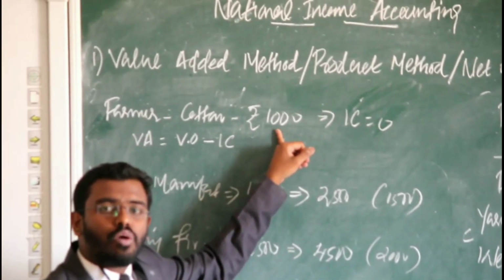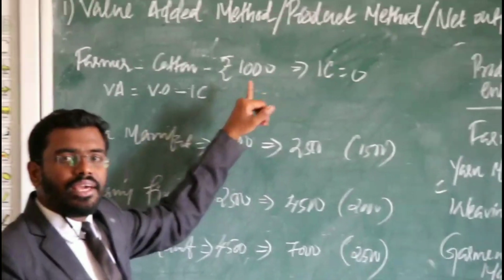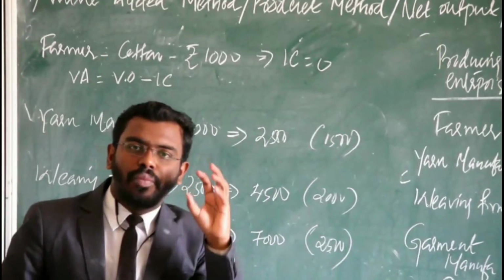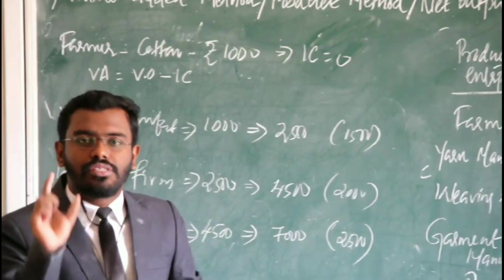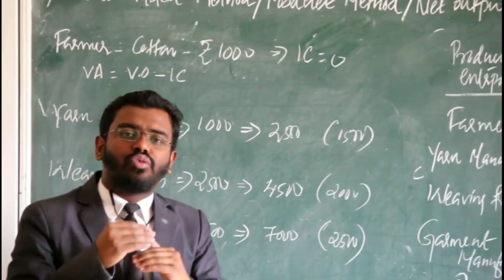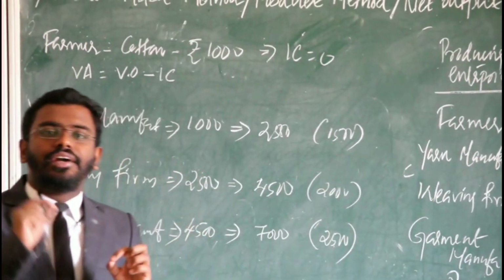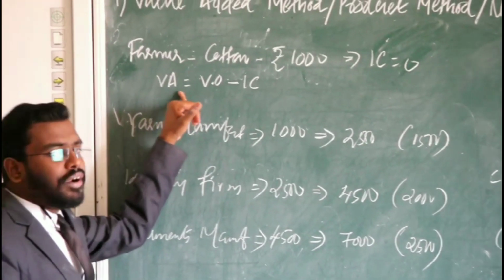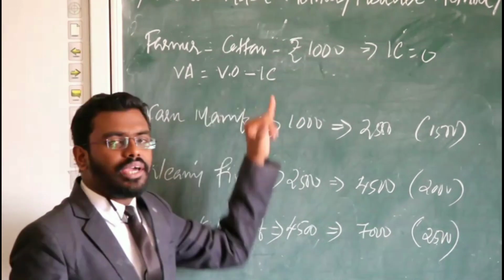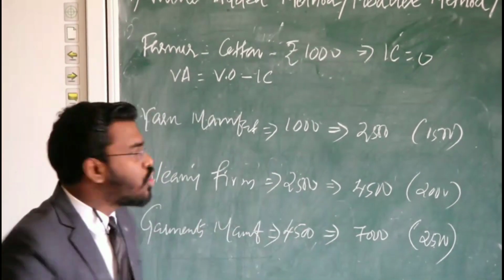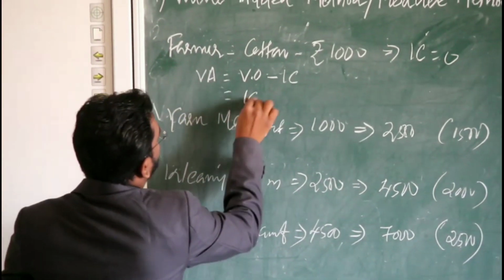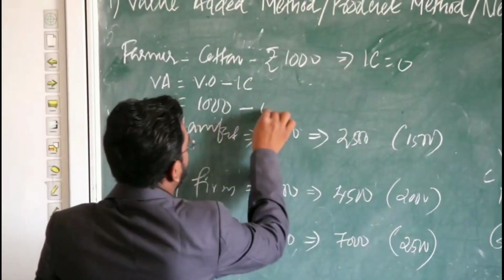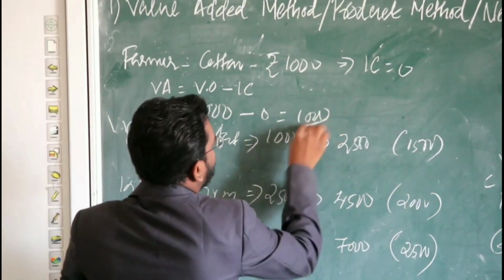Then how can we calculate value added by this farmer? What is the formula? Value added is equal to value of output minus intermediary cost. So what is the value of output of the farmer? It is 1,000, and the intermediary cost is 0. That is equal to 1,000.